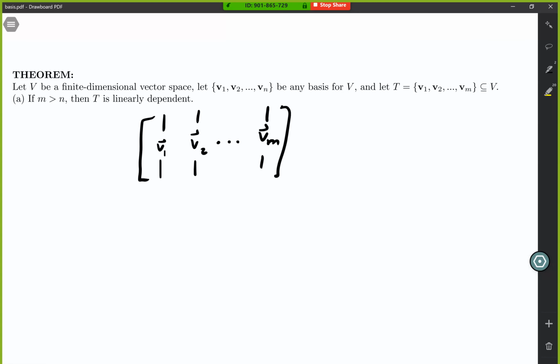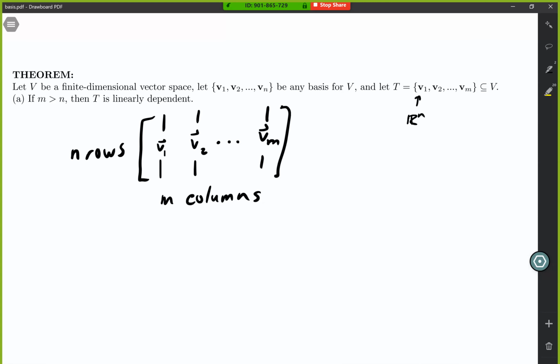If these are all vectors in Rn, how many rows would we have going down here? Hopefully it's clear we have m columns, right? How many rows would we have? N rows, good.